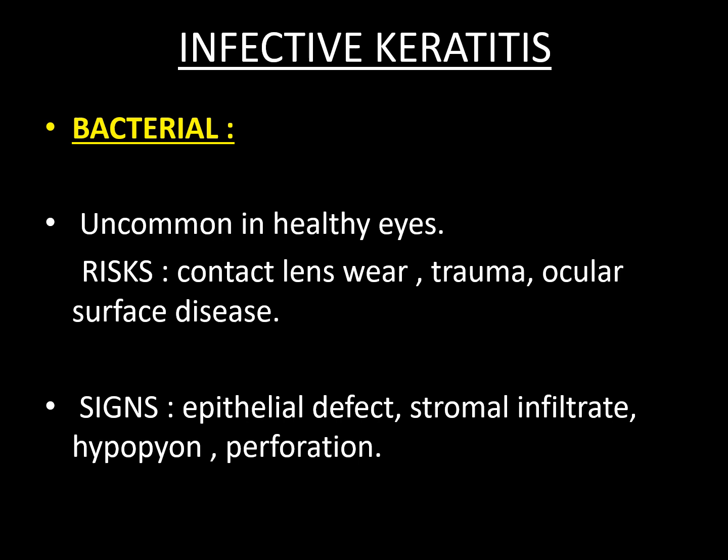I'll show you a picture of it soon. Then you can get stromal infiltrates, which almost always come up as a white discoloration of the central cornea. Hypopyon, which is pus in the anterior chamber, will always collect at the bottom of the anterior chamber. And then perforation. Usually perforation is preceded by clinical thinning of the cornea.